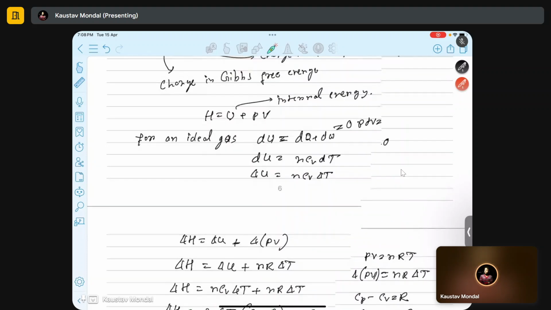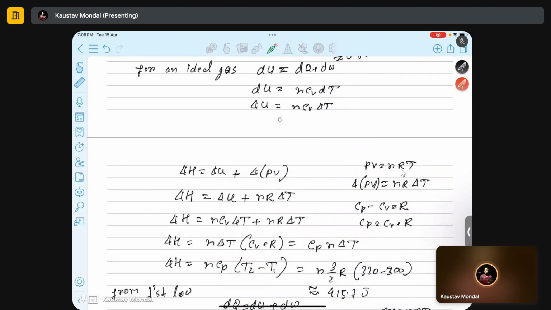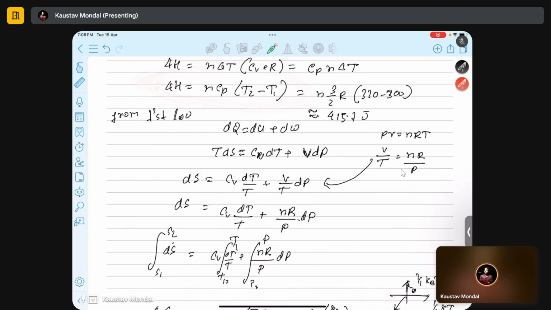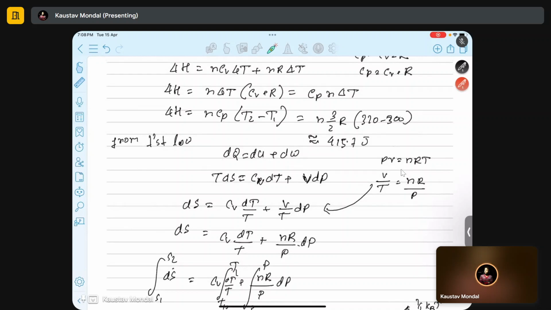First, we calculated delta H. Delta H equals delta U plus delta PV. From there, we got the expression of delta H, which is nothing but Cp times T2 minus T1, and we know T2 minus T1. So from there, we calculated the change in the enthalpy. In the next step, using the first law of thermodynamics, we simply calculated the change in entropy.